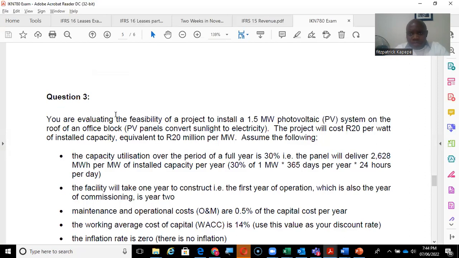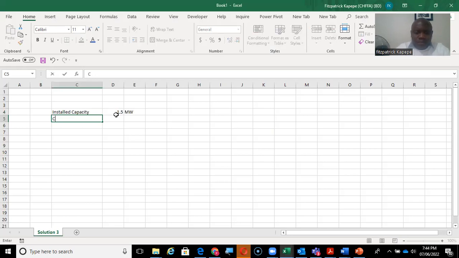The project will cost 20 rands per watt. So capital cost, 20 rand, sorry. So control 1.